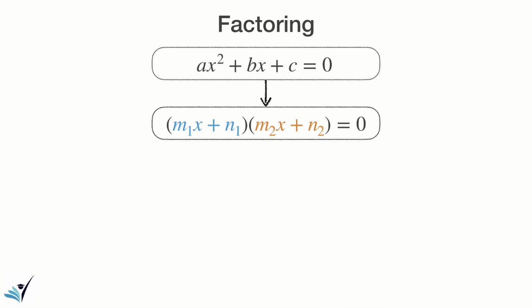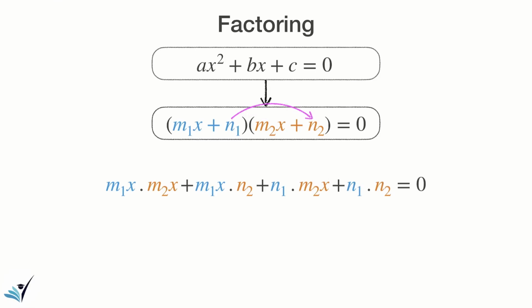If we go ahead and do the multiplication using the distributive property, we get m1x times m2x plus m1x times n2 plus n1 times m2x plus n1 times n2.